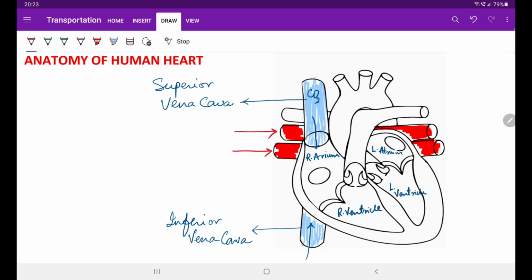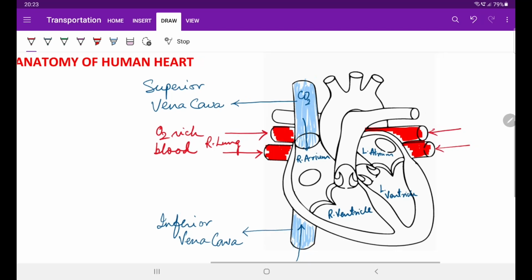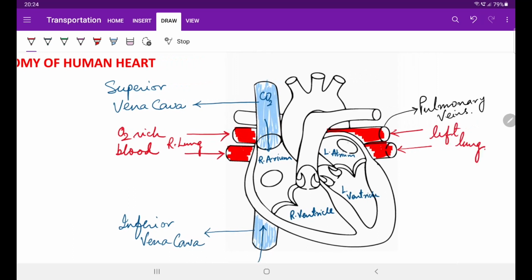Pulmonary veins bring the oxygen rich blood after it gets oxygenated in the lungs. So this is coming from the right lung, and these two are coming from the left lung, and they empty their blood into the left atrium.